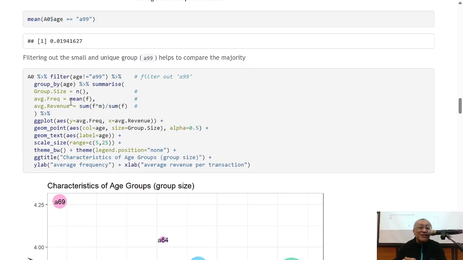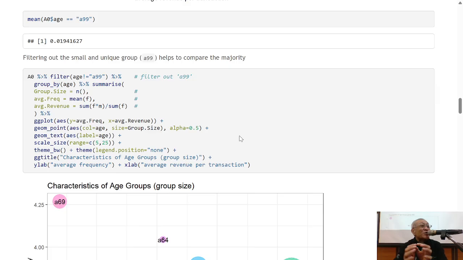So by using your domain knowledge, you should be able to calculate the total revenue contribution or average revenue contribution, and you can calculate the total profit contribution as well as the average profit contribution, right? You can calculate the margin for every age group or for every area, right?